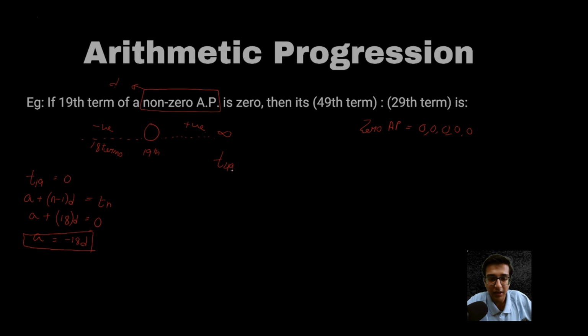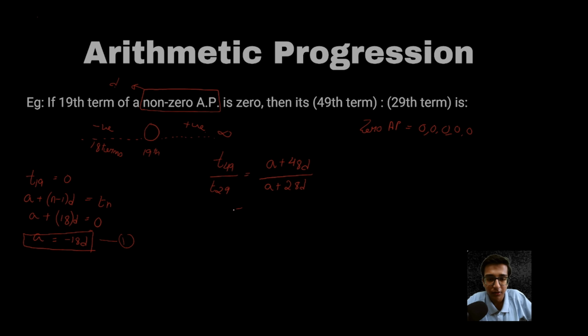So we have been asked the ratio of the 49th term to the 29th term. Let's use the simple formula that we've just studied: A plus 48D, and this one would become A plus 28D. Now let us replace A by this minus 18D.